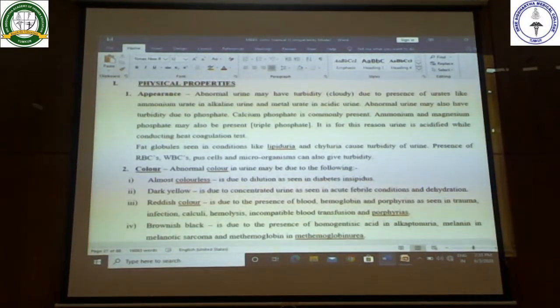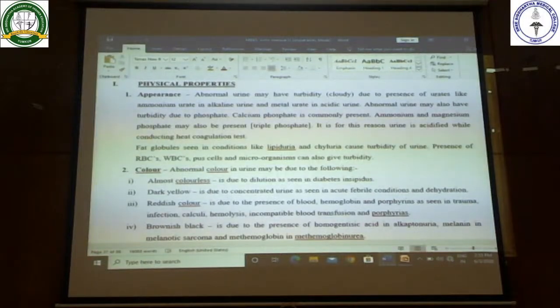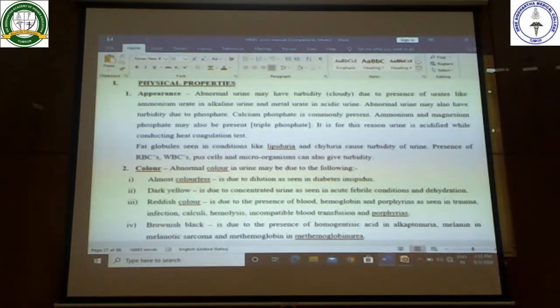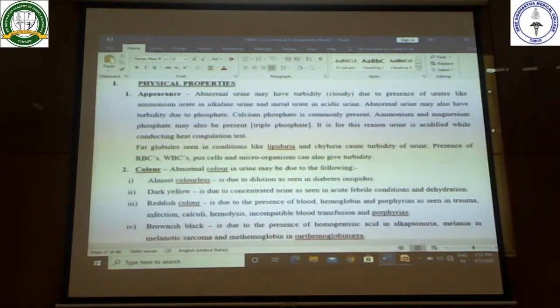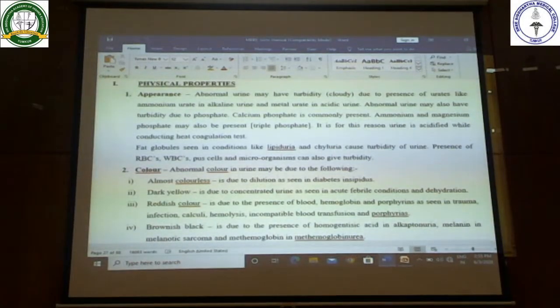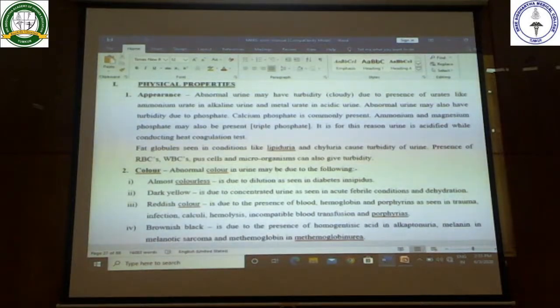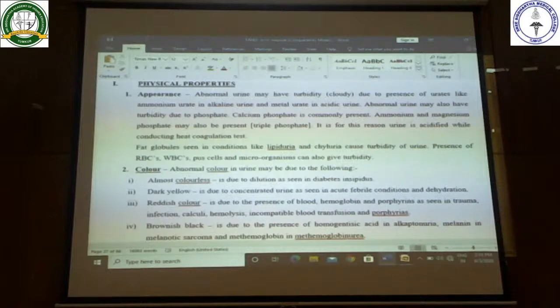Now, the turbidity or the cloudy appearance that I am talking about, what are the causes for this? It could be fat globules present in lipiduria and chyluria. Lipiduria is excess lipid or fat globules in the urine, and chyluria means lymph.